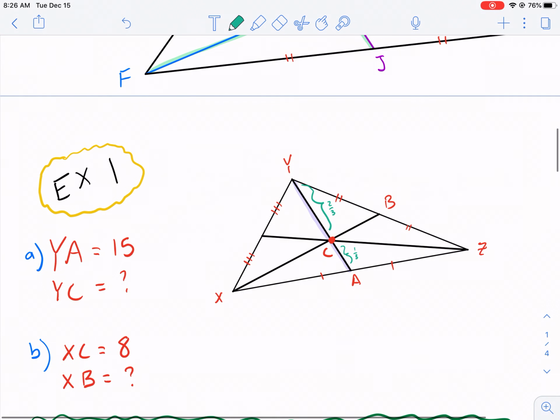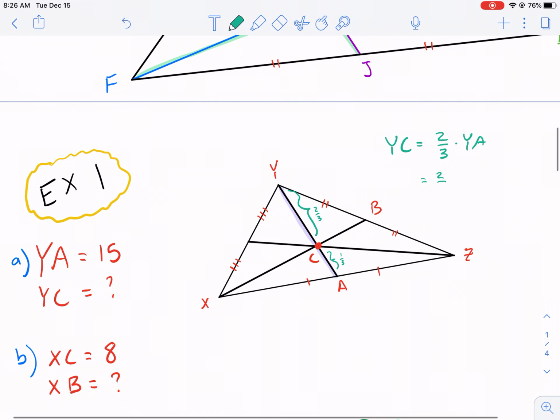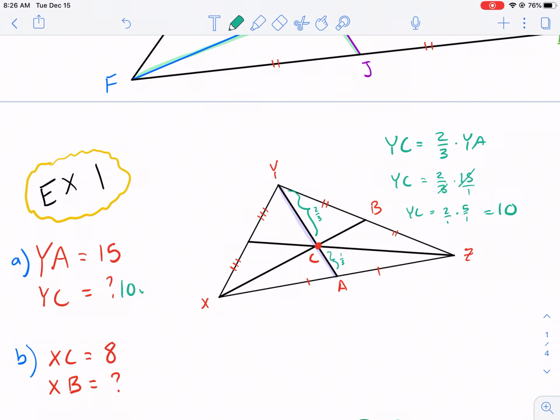So if we're looking for YC, we know that YC equals 2/3 of YA. We can substitute the value of YA, 2/3 times 15, and that equals YC. I like to put it over 1, because then we can cancel. 15 divided by 3 gives us 5, so then we have 2 over 1 times 5 over 1. Guess what that equals? It equals 10.